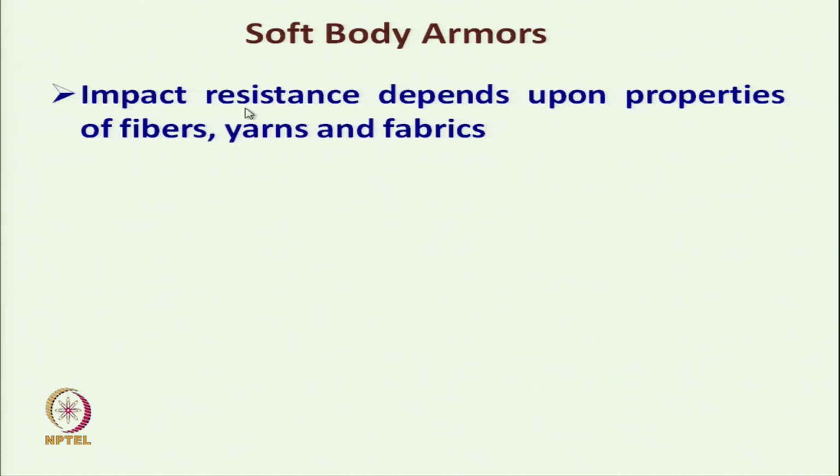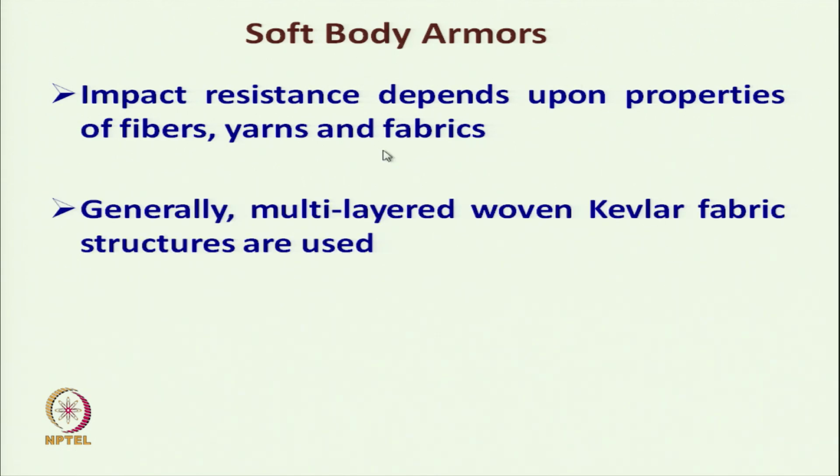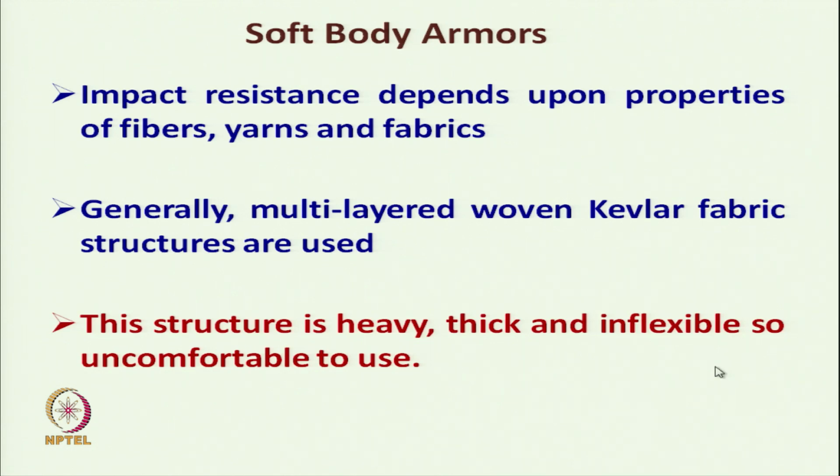In soft body armor, impact resistance depends upon the fibers, yarns and fabrics used in the different layers. Multi-layered Kevlars are generally used. The woven fabric made of Kevlar fiber is used in multi-layered fashion. Due to the large number of fabric layers, the structure becomes heavy and thick, and inflexible.